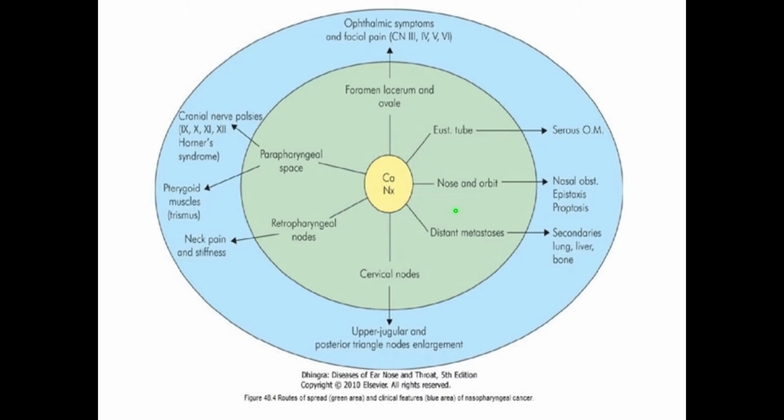And if it goes anteriorly to the nose, it can cause nasal obstruction, and if it bleeds, causing epistaxis. As it goes to the orbit, it can displace the eyeball and cause proptosis. Now, if it goes retropharyngally to the retropharyngeal nodes, it can cause neck stiffness and pain.